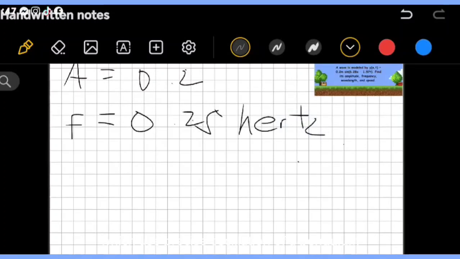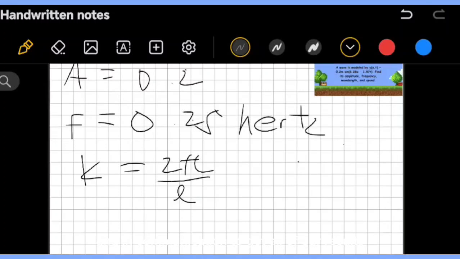Now, let's find the wavelength. We all know that the wave number is solved by using the equation k is equal to 2 pi divided by lambda.